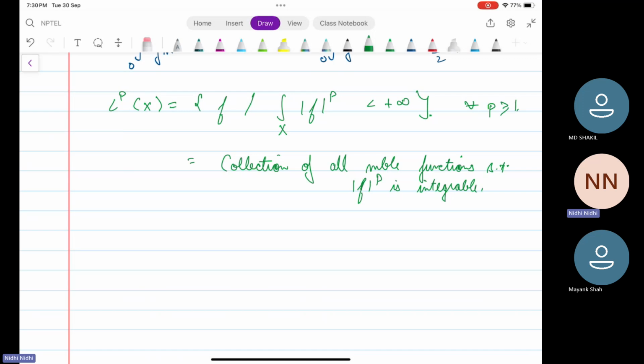So when we were talking about the dominating function, instead of saying that there exists some integrable function, we say that there exists some L1 function.